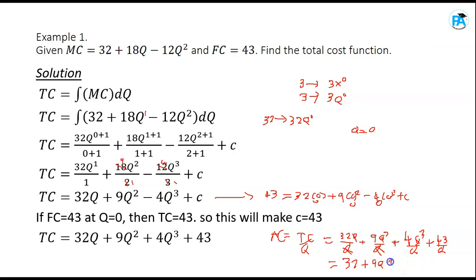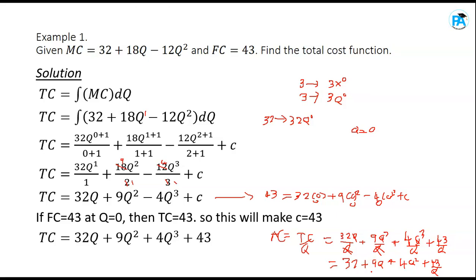Plus 4, now q cubed means q times q times q, so this denominator q will take away one of the q's at the top. So you'll be left with q squared. Plus 43 over q. There's no q for this to take away, so 43 over q. So this is the average cost function. If a question had asked you to find the average cost function, that's how you'd have done it. You divide through by q, and that gives you the average cost function.